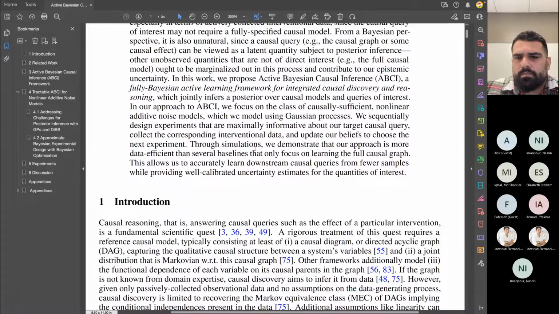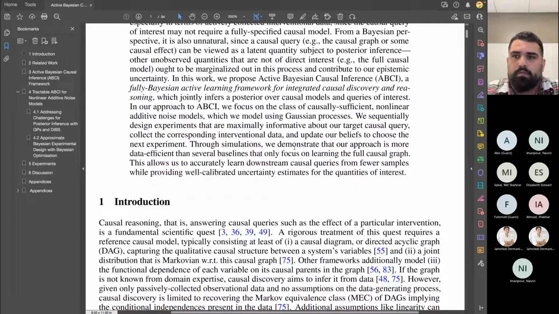Through simulations only, they demonstrate that their approach is better than only using observational data and also other methods. So they don't perform experiments on real world data sets. They only have two sets of synthetic data.